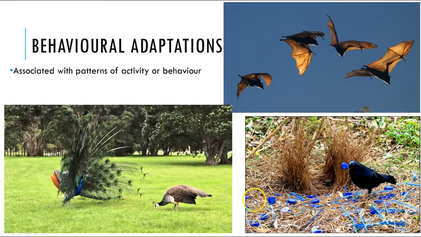Another example is the bowerbird that will build a nest in an attempt to lure in females to find a mate. Another type of activity or behavior is animals that choose to be active mostly at night and are known as nocturnal animals, like the fruit bats that we see up here.